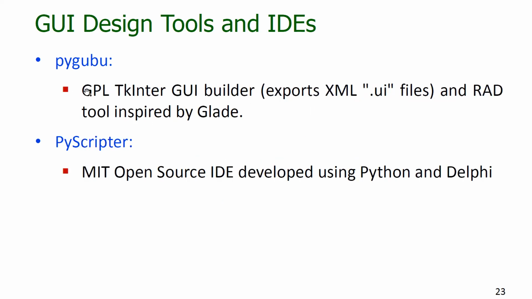Then the next one is PyGubu, which is a GPL tkinter GUI builder, exports XML .ui files, and is a RAD tool inspired by Glade. The next one is PyScripter, which is an MIT open source IDE developed using Python and Delphi.